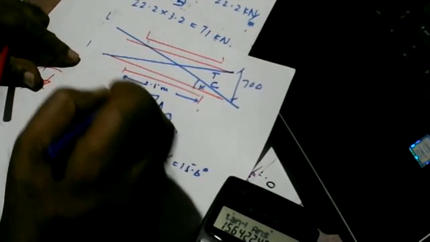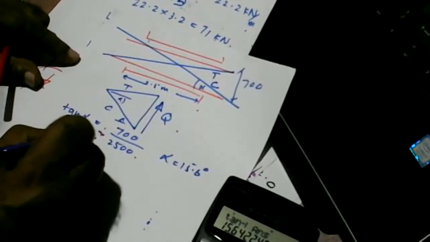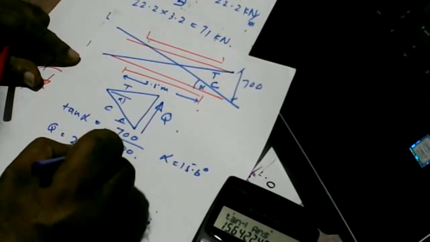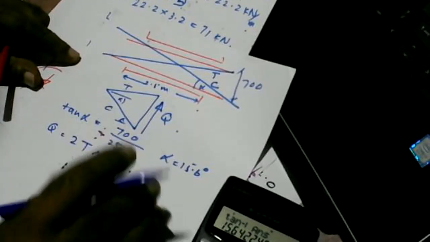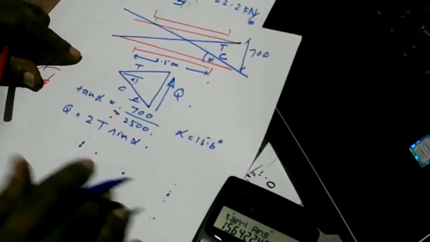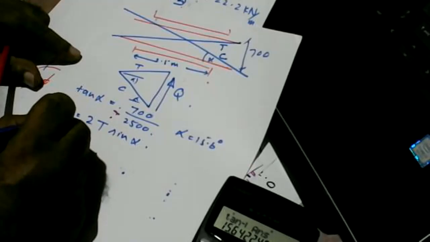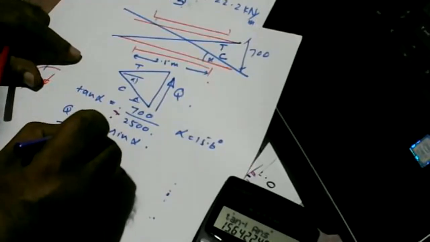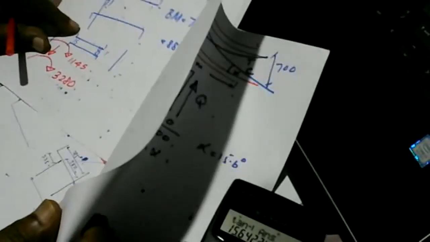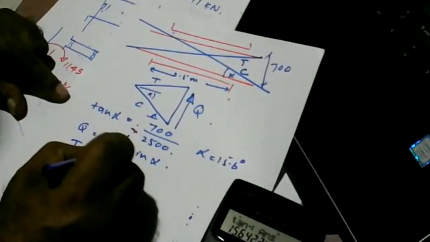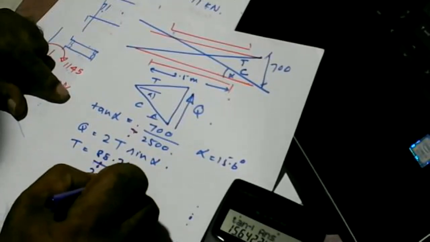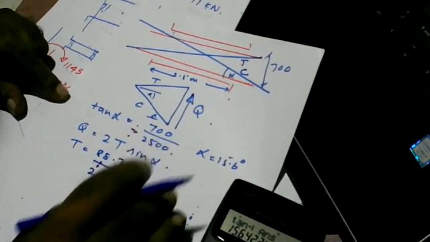Q is equal to 2T sine alpha, and from this we can find T is equal to Q, and in this case Q is 88.75, divided by 2 sine 15.6.